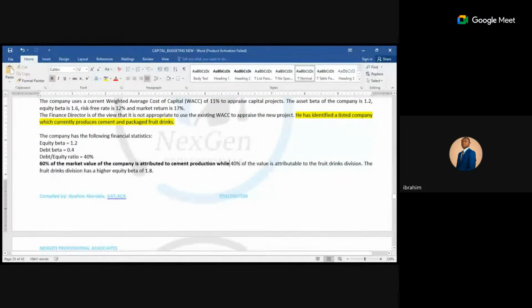Class, the food drink division has a higher equity beta of 1.8. Now, this equity beta here is the combination of both cement and packaged food, meaning that cement plus packaged food equals 1.2.